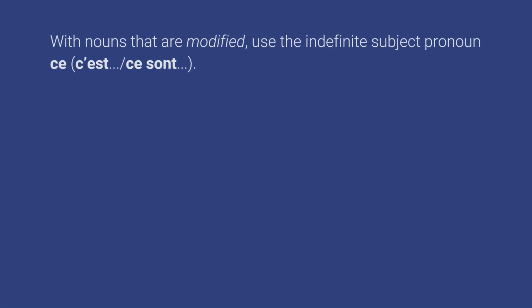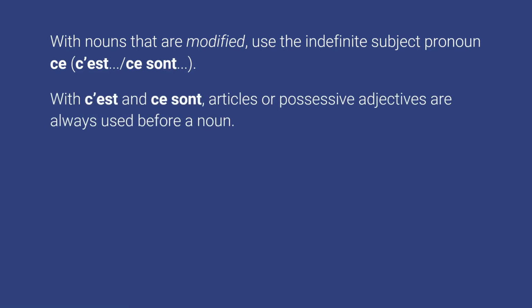Now here's a quick note in using être. With nouns that are modified, meaning accompanied by an adjective or other descriptor, use the indefinite subject pronoun ce, as in c'est or ce sont. With c'est and ce sont, articles or possessive adjectives are always used before a noun.